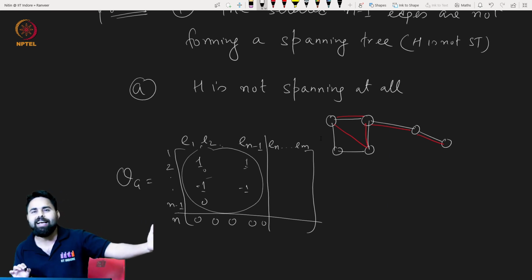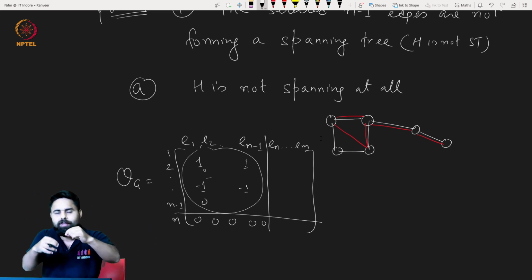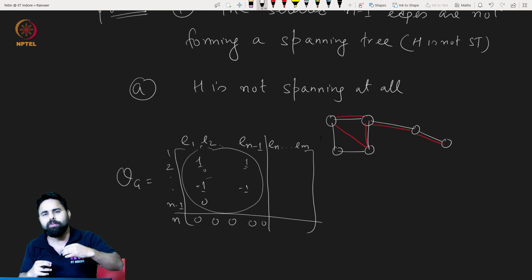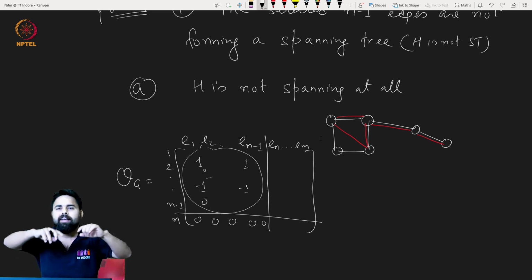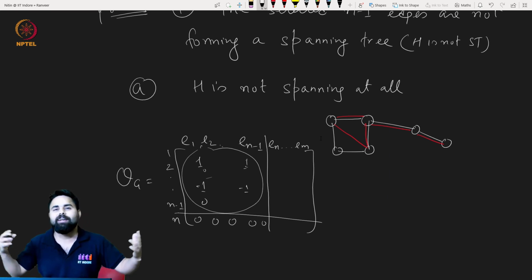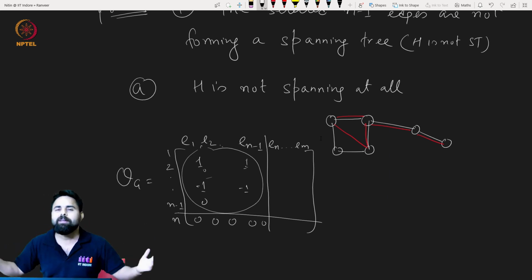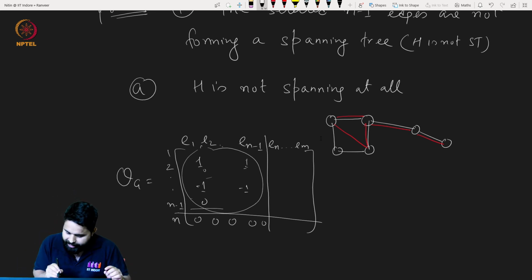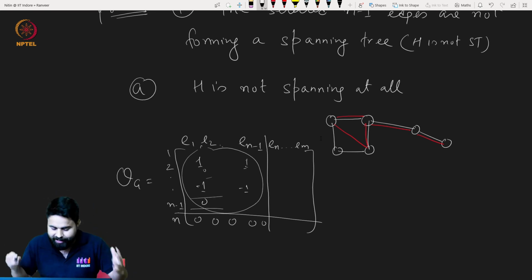But we have seen in the last lecture, if you pick any column, there are only 1 and -1, right? And the rest of the entries are 0. So if you add this, it will give you 0. In a similar way, if you add all the individual columns, it will give you 0. And then by simple determinant properties, linear combination, or maybe just adding all these rows R1, R2, up to Rn, it will give you a 0 vector.